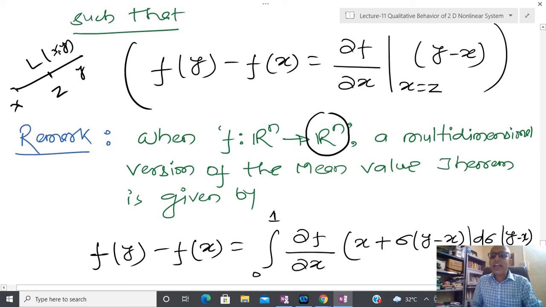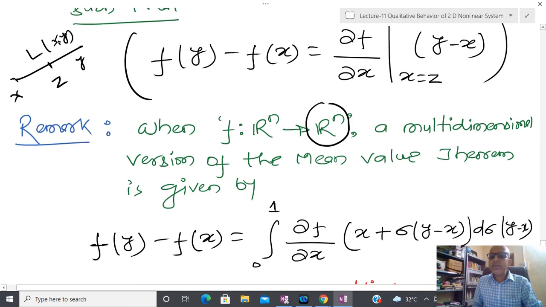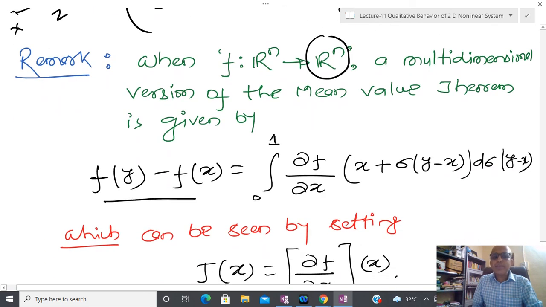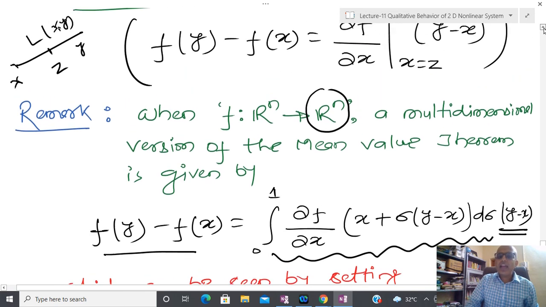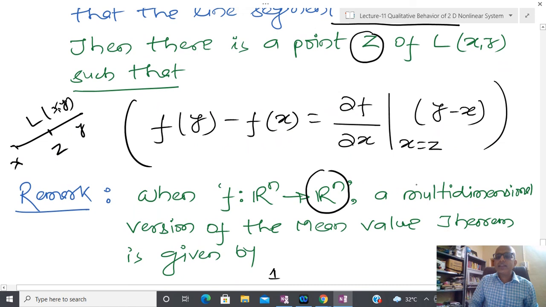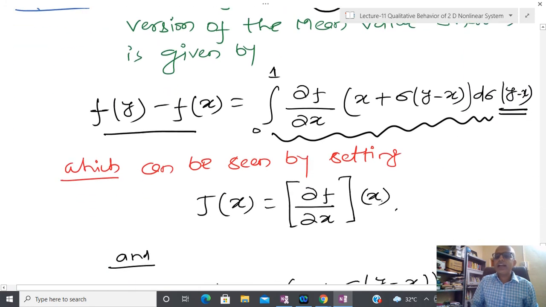Everything remains the same, f(y) minus f(x) and y minus x, but something different comes into the picture. Initially, in one dimension I just have dou f by dou x, but in the generalization, when we map from R^n to R^n, I can write it like this.